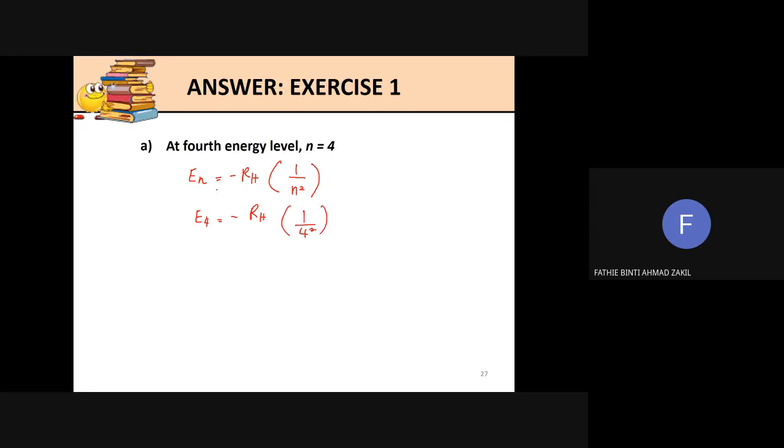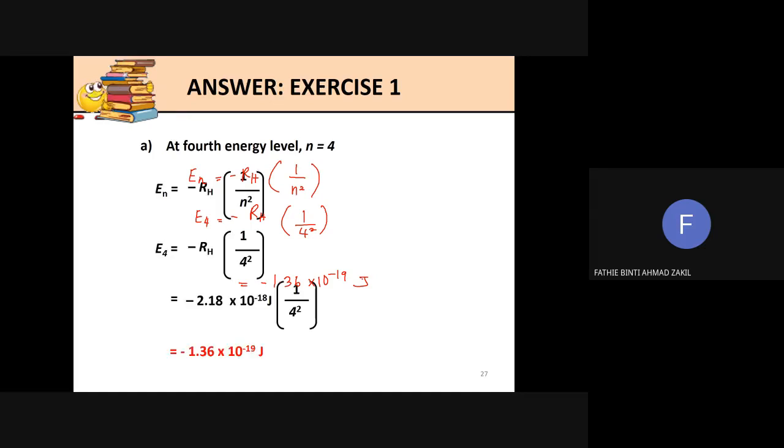So you akan dapat dalam lebih kurang negatif 1.36 darab dengan 10 negatif 19 Joule. Okay, so yang ni settle part A. Next kita tengok part B.